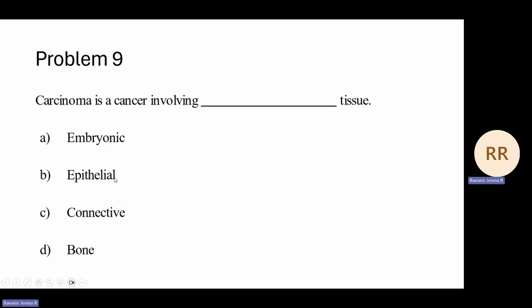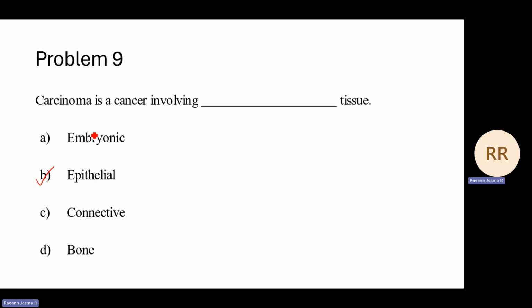So what is a carcinoma? Okay. Carcinoma is a type of cancer that is affecting the epithelial tissues. So the answer is option B.